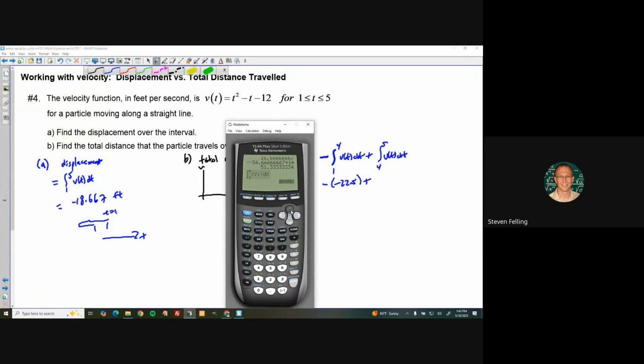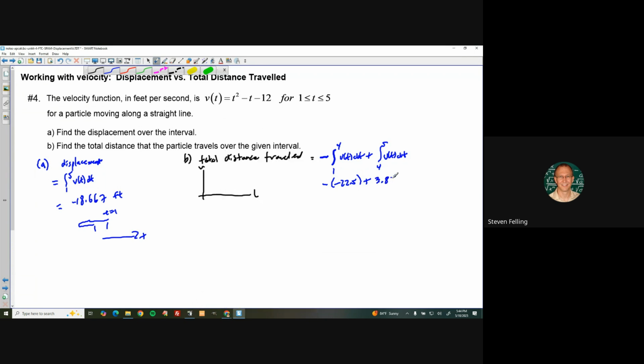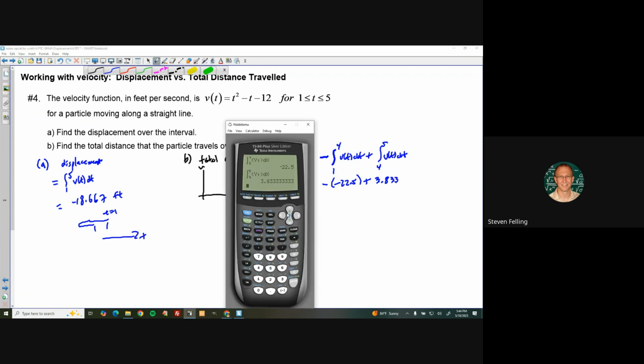So an integral, same velocity function, but from 4 to 5. And that gives me 3.833. So if I were to take this number and subtract this negative number to make a positive distance, we will get 26.333.